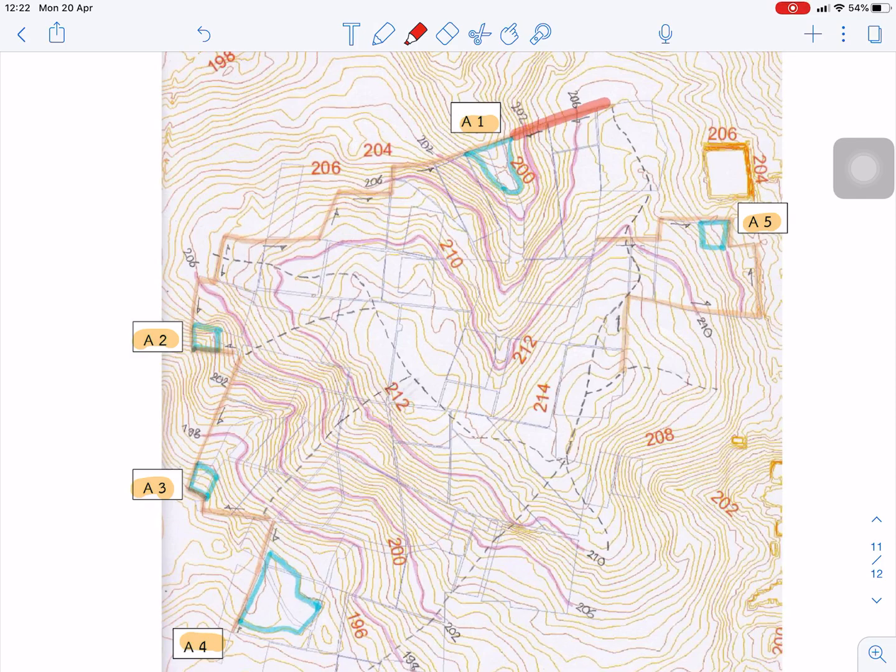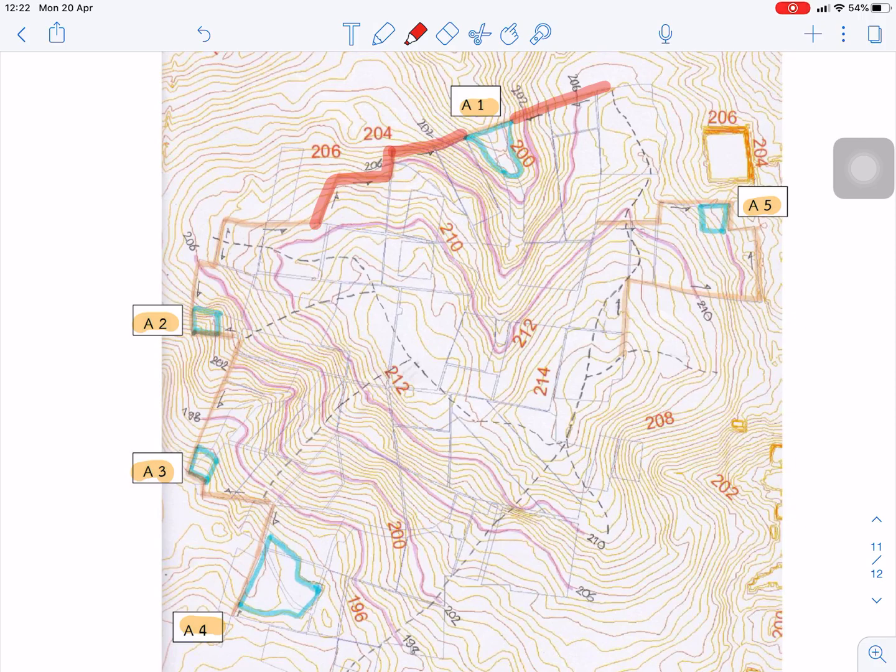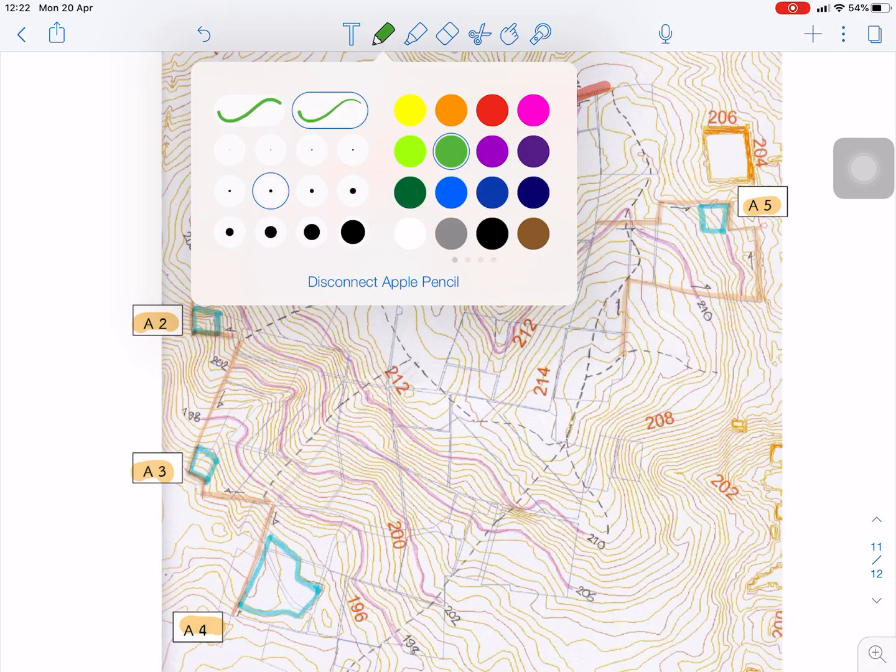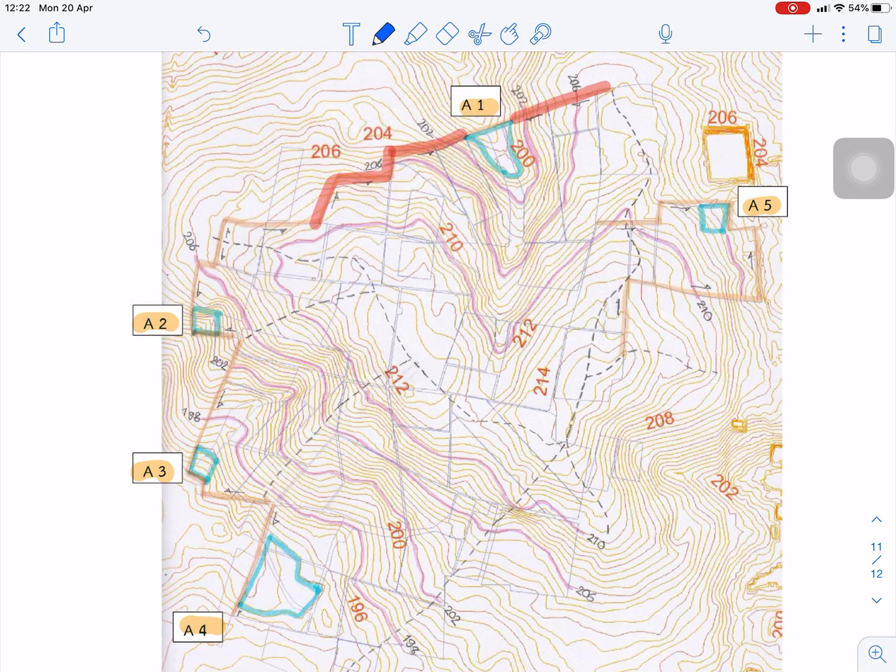This is the embankment. If we dig the soil from the pond, we have excess soil, and we can make the embankment to control the water flow to the pond. Otherwise, it passes through this area.